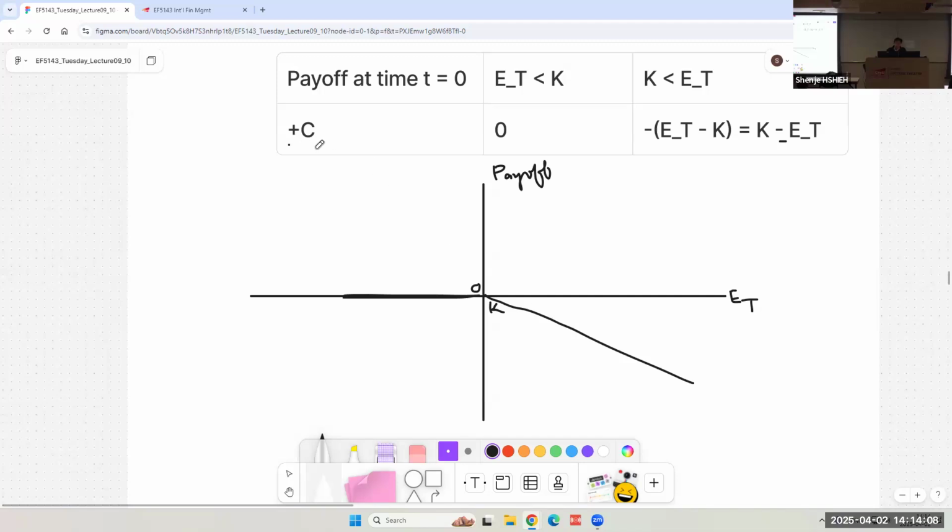Just like the previous graph, let's try to factor in the revenue we get from selling this option. So our entire payoff function therefore shifts upwards to a higher level.